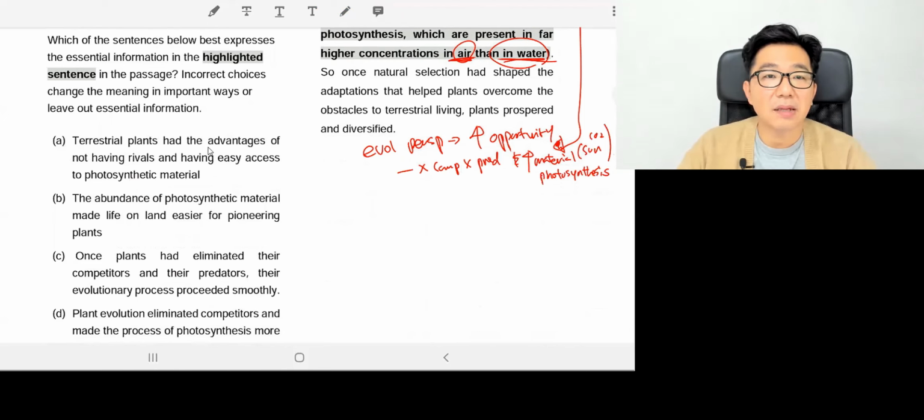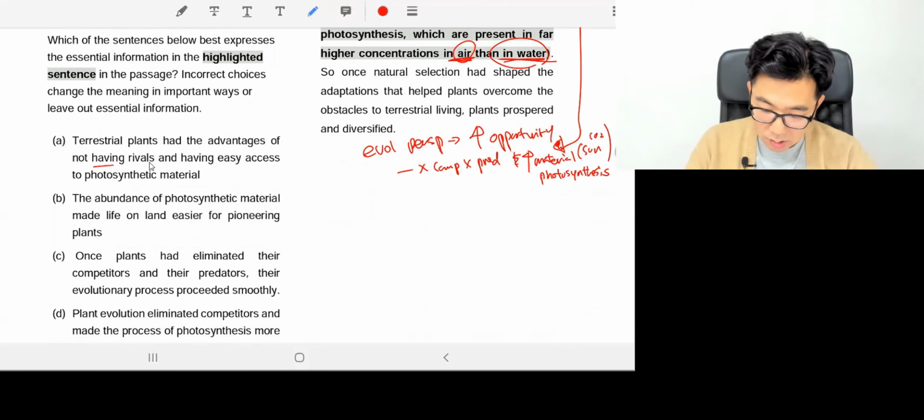A, terrestrial plants had the advantages of not having rivals. Okay, so no competitors or predators, and having easy access to photosynthetic material, CO2 and sunlight. How about it was an opportunity? Yeah, advantages, right?